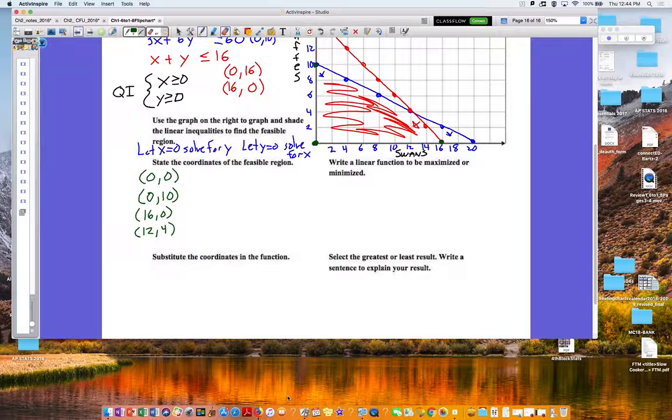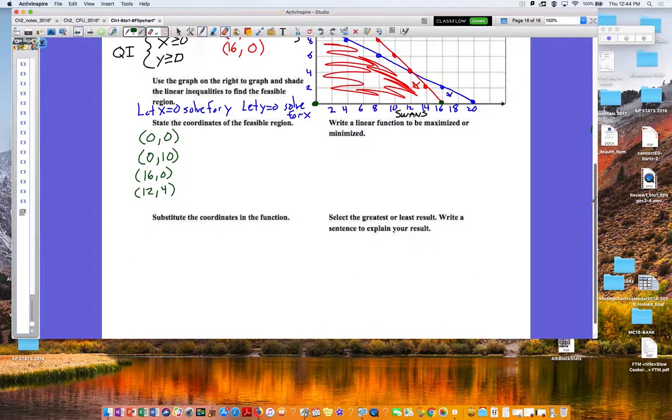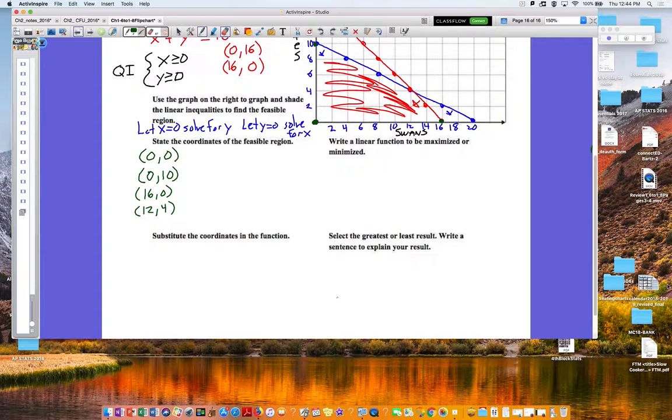I can check, these add up to 16. Then I'm going to check the time constraint to make sure that's the right intersection. 3 times 12 is 36, 6 times 4 is 24, 36 and 24 does make 60, so I have that right. Now, I need to write the linear function to be maximized or minimized.